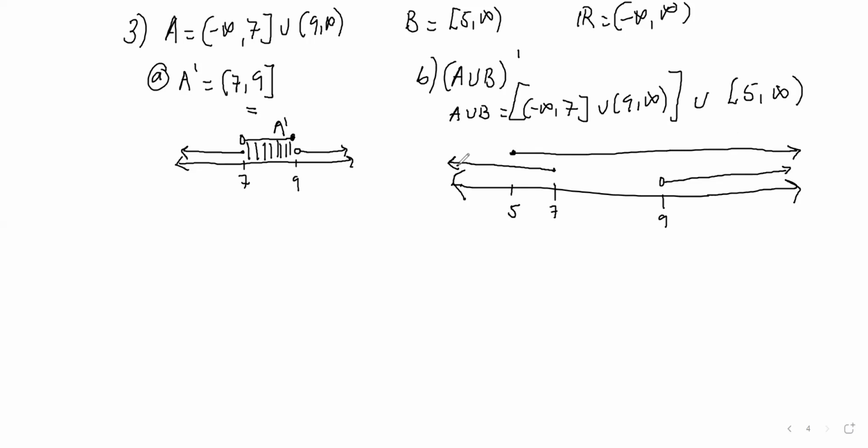Union means everything. So this part, we continue. So at the end of it, we have shaded everything. So the answer is R, the set of real numbers. Because we have taken everything. So that's how nice it becomes. So if I can't see just with numbers, I can come up with a number line and then do the demonstration.